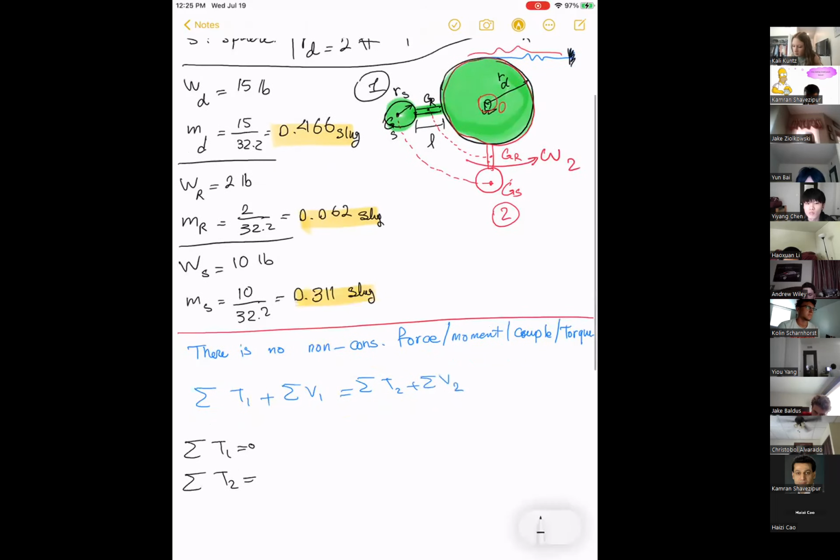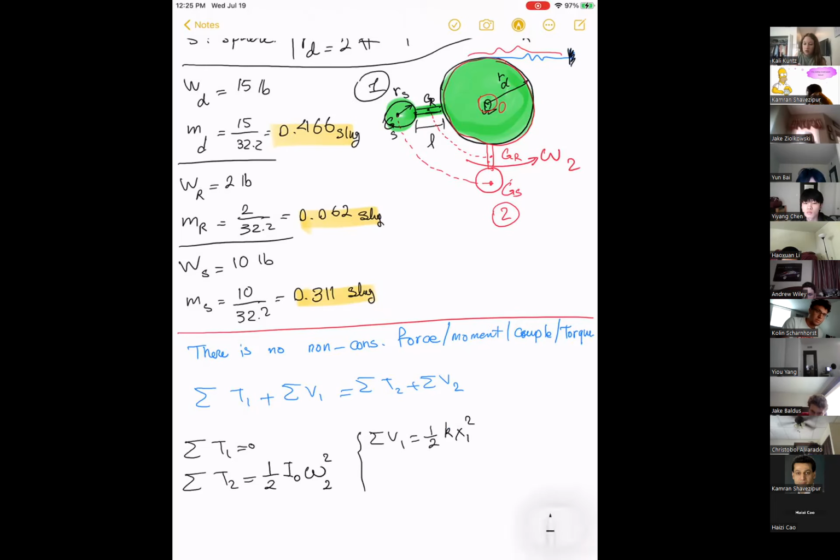You're going to get half I_O omega 2 squared. Okay. Now we go with the summation of V1s. We definitely have half K x1 squared. Also, as this system rotates, the center of gravity for some of them changes, so we have gravitational potential energy.